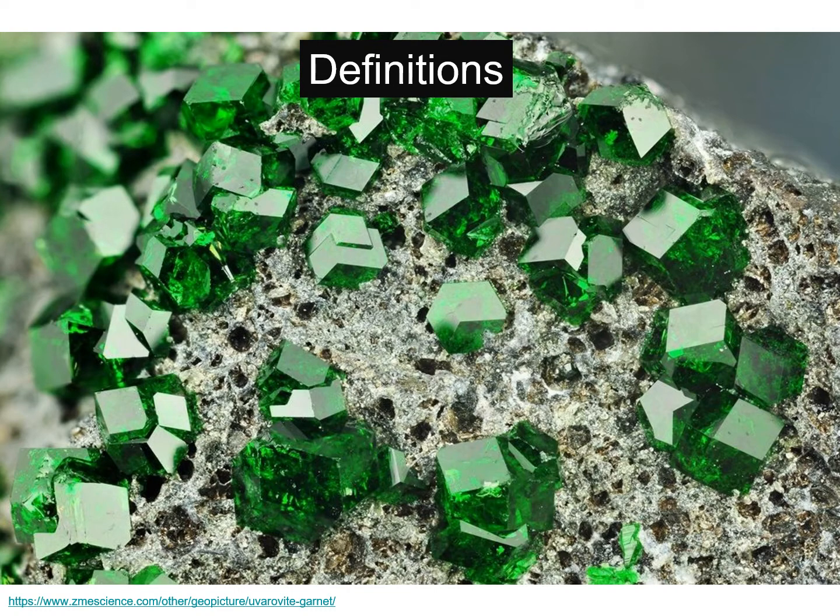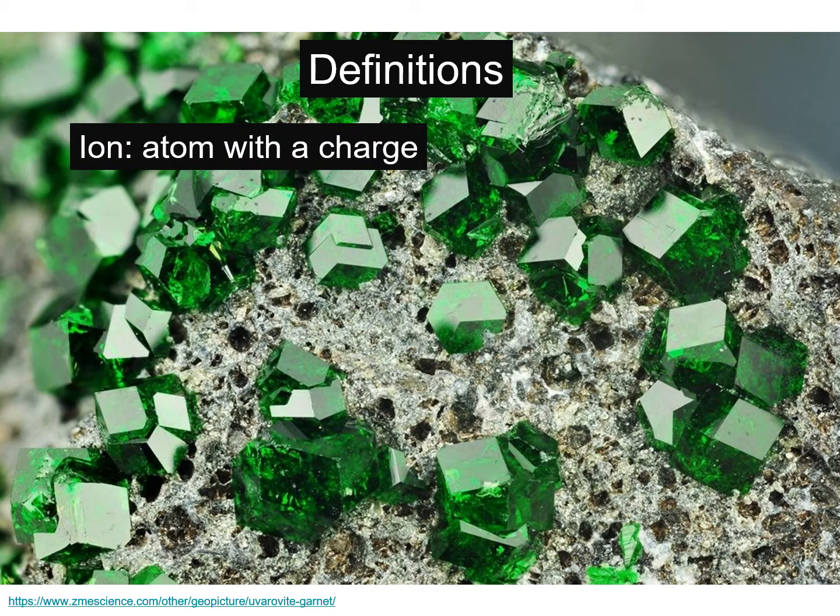But looking at a few definitions for, well, chemistries. Now, just hold on, don't get too panicked about the chemistry definitions. We'll just highlight some of the more important parts. In chemistry, especially with these minerals, we're talking about different ions. This is an atom that has a charge to it, either a positive charge or a negative charge.